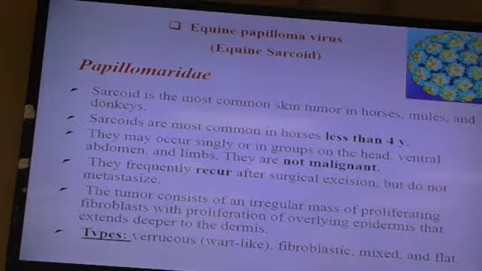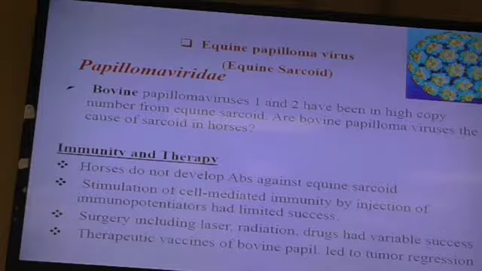There are different types, like the bovine papillomas: the wart-like and the fibroblastic, the mixed and flat types. So all of these can be present, and now the causative agent of equine sarcoid is not well known. However, it is believed that bovine papilloma viruses are the cause of that infection. The reason for this is because they've been isolated from those lesions.